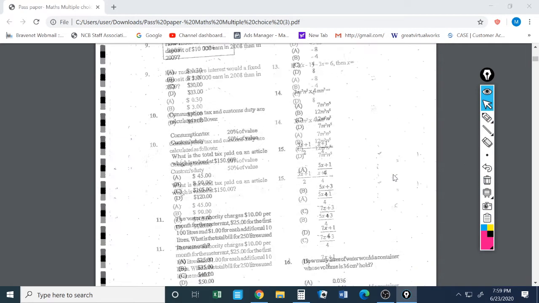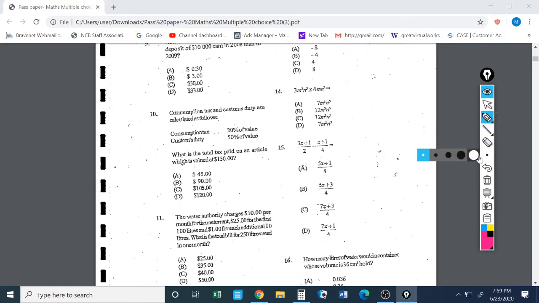All right, so number 14 says 3m squared n cubed multiplied by 4mn squared.